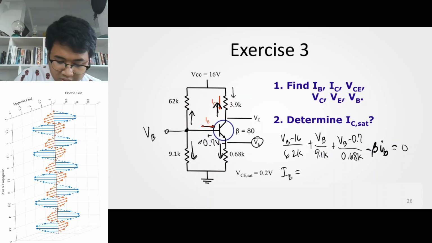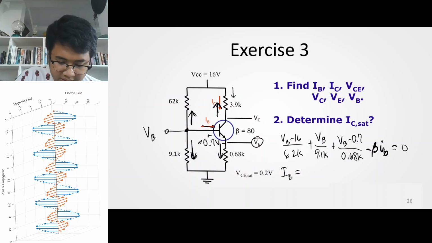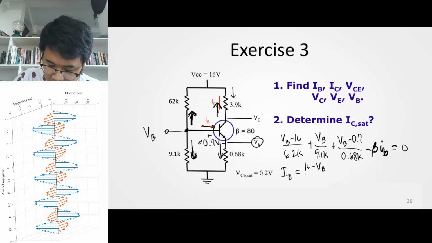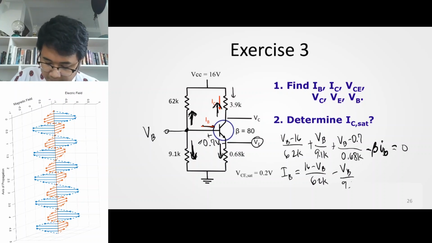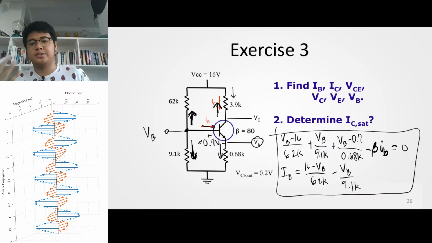IB is equal to the negative of the sum of the currents defined as going out of this node. So IB is equal to negative of 16 minus VB over 62K, and the negative of this current here, minus VB over 9.1K. So you have 2 equations with 2 unknowns, and you can solve for VB and IB.